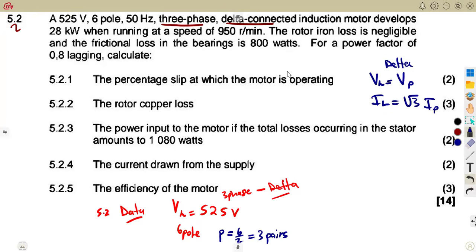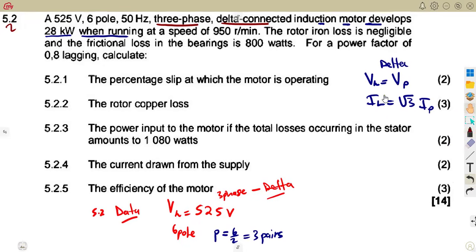They are saying the induction motor develops 28 kilowatts when running, meaning it's still running. This is the power that is being developed while running, so this is the rotor power that we are given. When running, the speed is the rotor speed, meaning that the power there is the rotor power of 28 kilowatts.